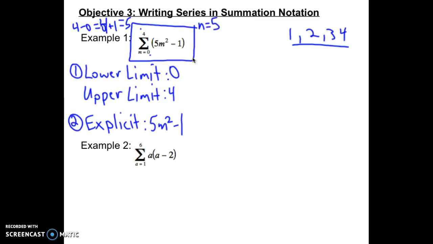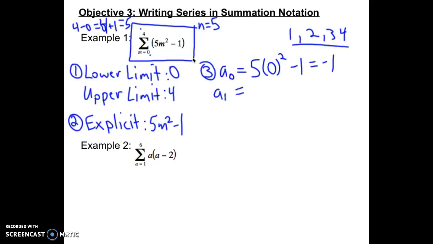Then finally, my third step is to find each term: 0, 1, 2, 3, 4. The 0 term equals, and I input into my explicit formula, 5 times 0 squared minus 1. 0 squared is 0, 5 times 0 is 0, so the 0 term, and I want to end this with a nice pretty table, so I'm going to write that next, is negative 1.